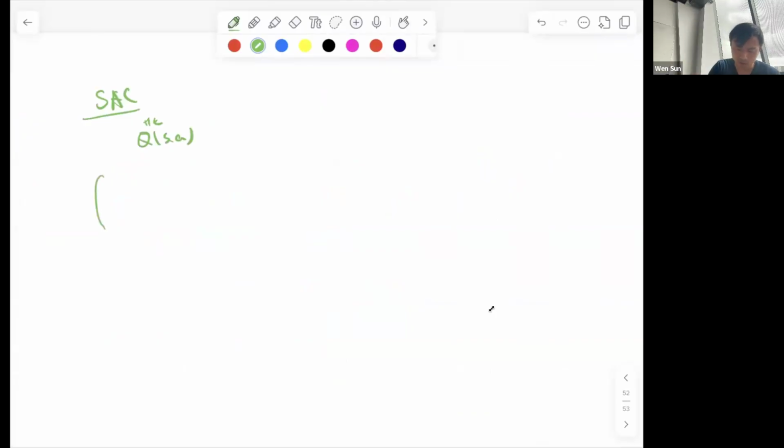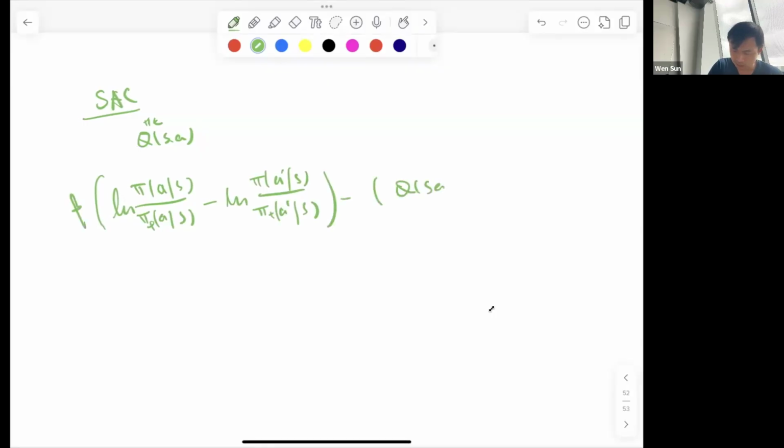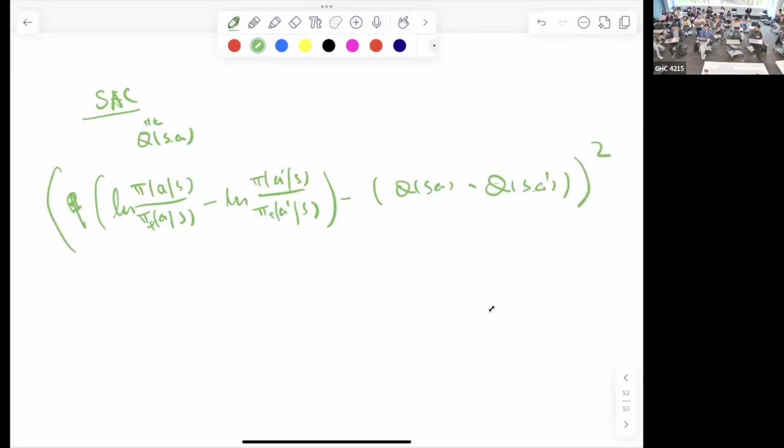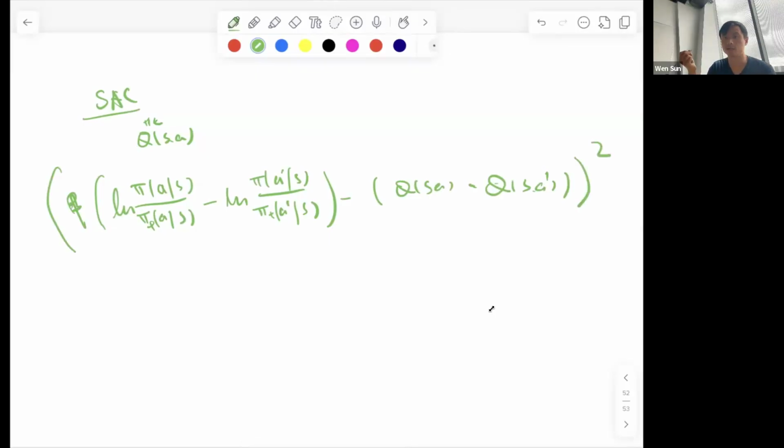So maybe I can do log π(a|s) over π_t(a|s) minus log π(a'|s) over π_t(a'|s), divided by beta, minus Q(s,a) minus Q(s,a'), squared. So I can minimize this least squares regression problem to get π out as well, right?